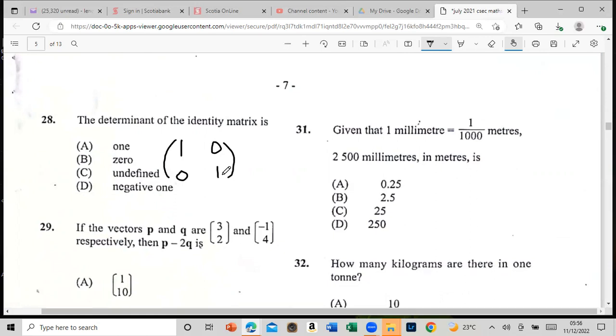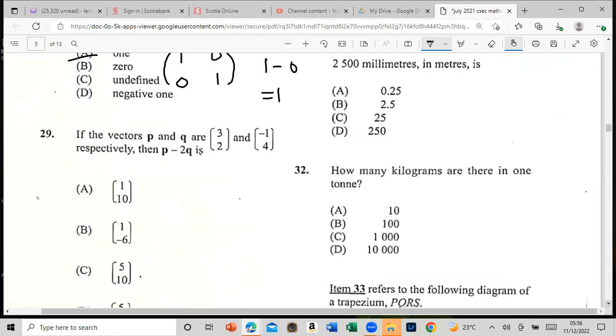So it's 1 times 1, that's 1, minus. Remember, we are finding the determinant. It's AD minus BC. So that's 1 minus 0, which is equal to 1. If we were in class, I would say that was 0. I need to correct my students.